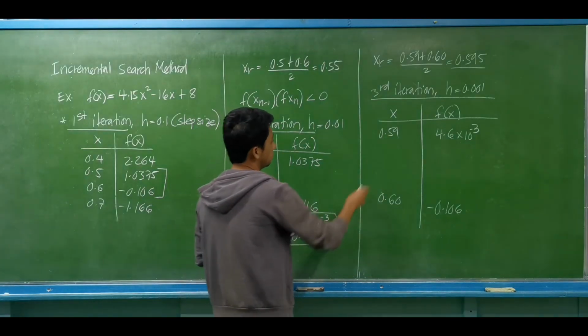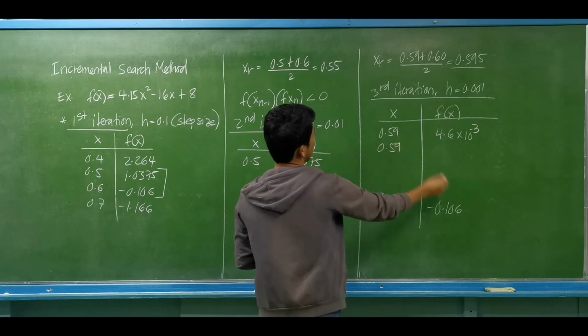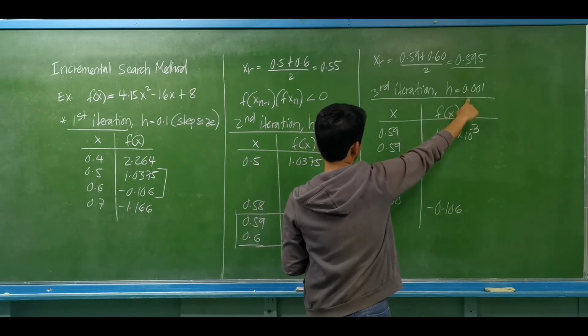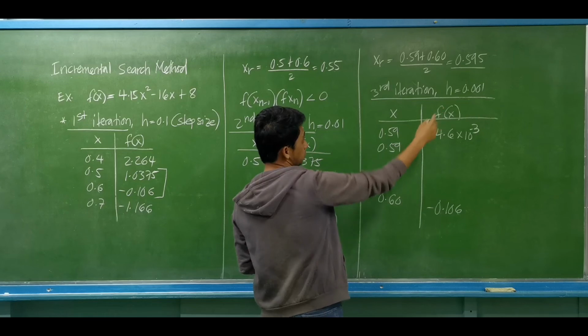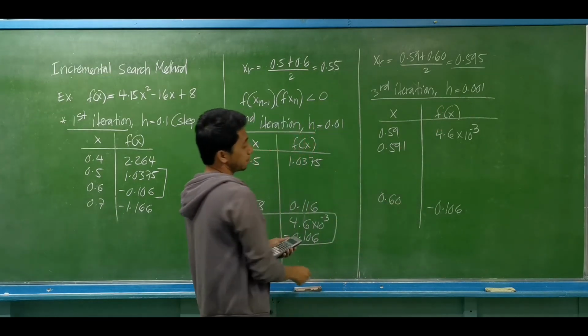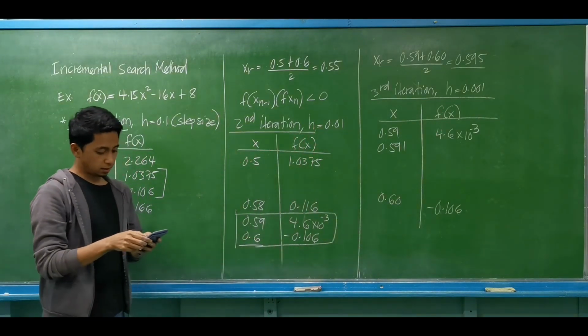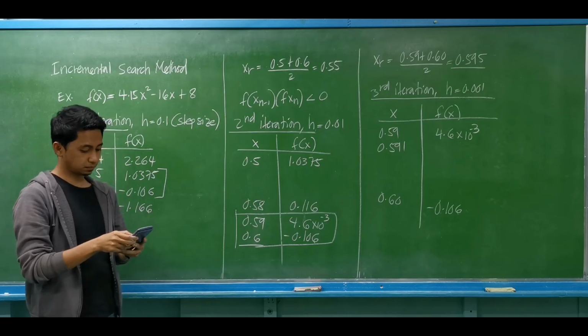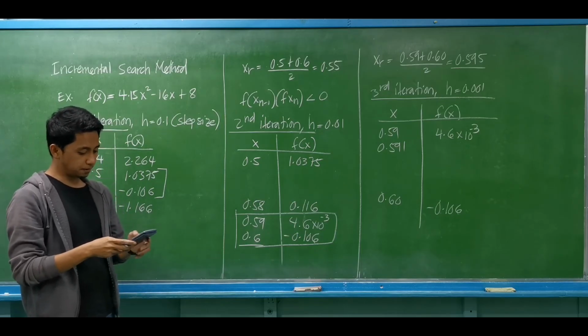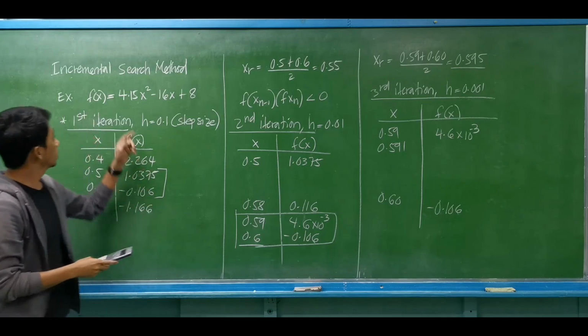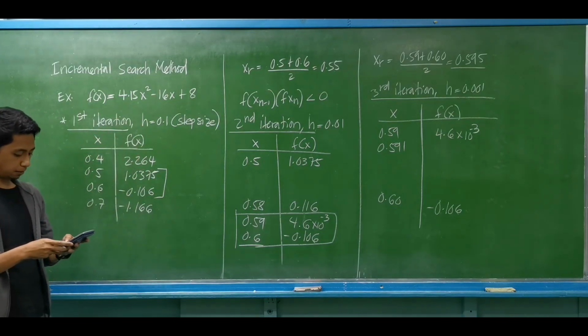Our step size is 0.001, so 0.59 plus 0.001 is 0.591. We have 4.15 by 0.591 squared, minus 16 by 0.591, plus 8.